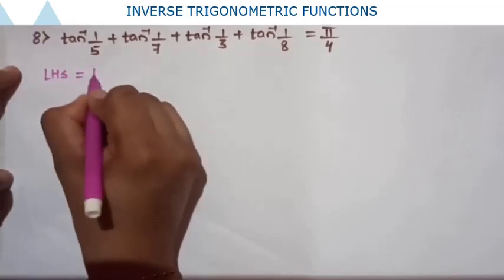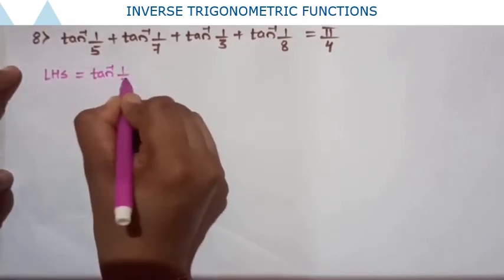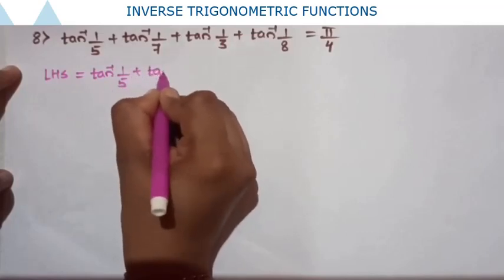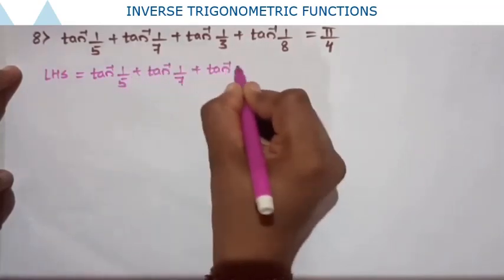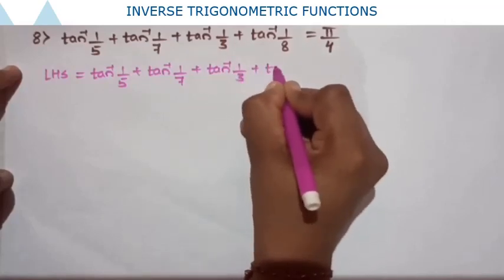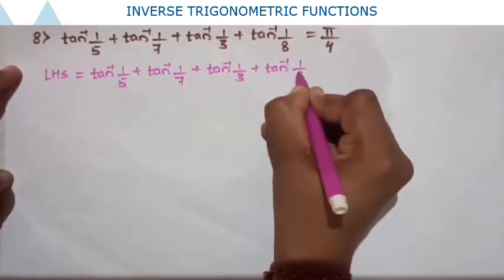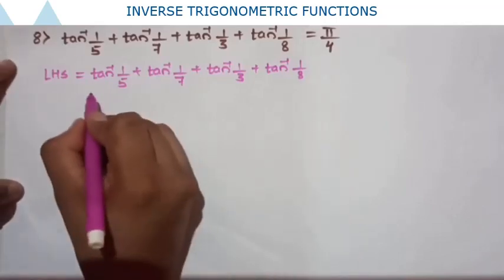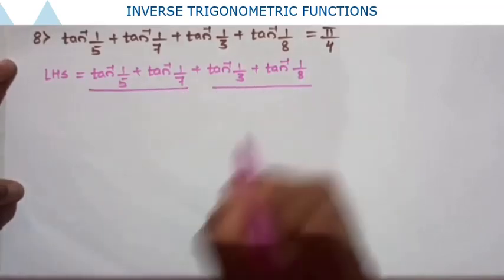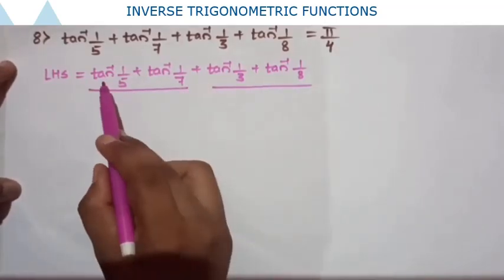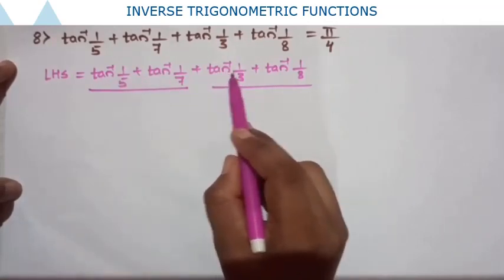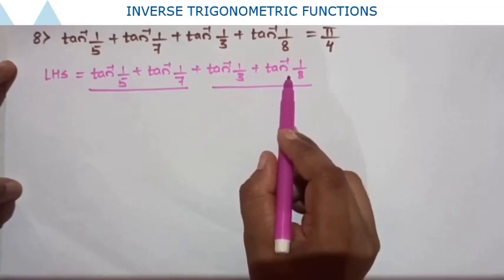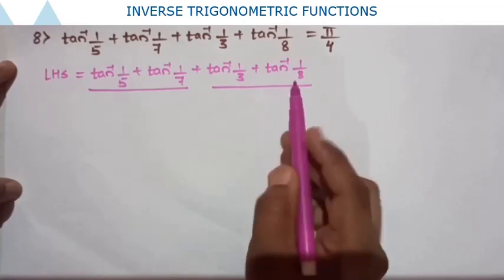So what is the LHS? Tan inverse 1 by 5 plus tan inverse 1 by 7 plus tan inverse 1 by 3 plus tan inverse 1 by 8. To do this sum, take these two as one group and these two as one group, so that we can apply the tan inverse x plus tan inverse y formula, with the condition that xy should be less than 1.